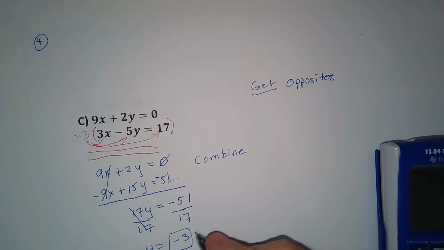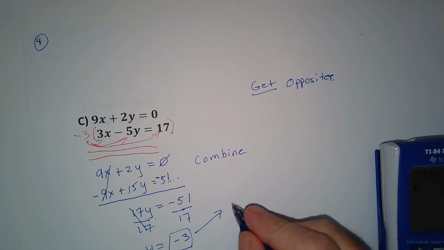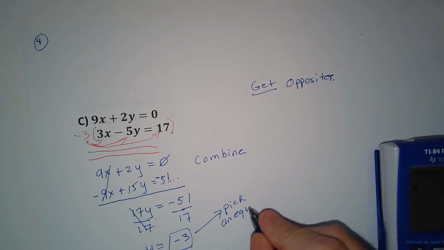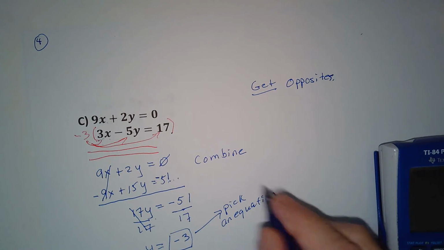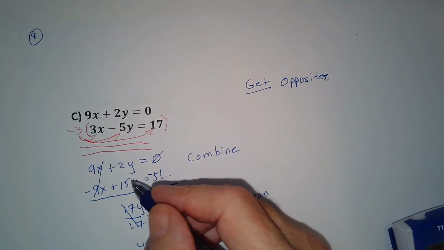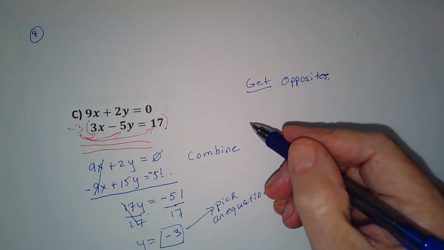So you're going to, again, pick an equation. And you're going to put the y into one of these two equations and solve for x. So pick an equation. One of the top two, and don't go down and pick one of these down here because you could make an error and you don't want to do that.